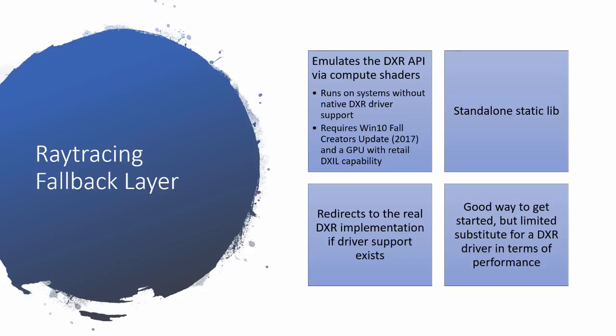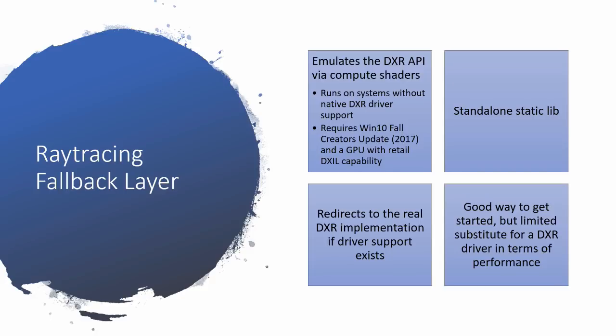The nice thing about this is it will redirect automatically to the real native DXR implementation if the driver has support. So if you want to bootstrap something using the fallback layer, but then have it run on hardware when you get the hardware, you don't need to scatter your code with if fallback, then call fallback API, else call real API. The fallback layer will do that for you. So just call the fallback layer, and it will pass through.